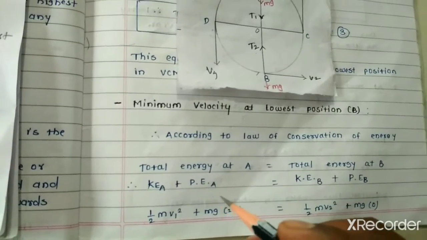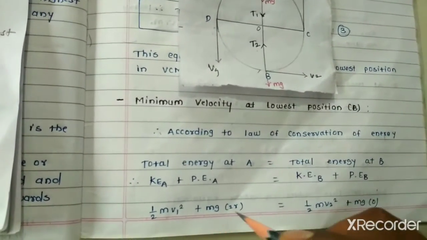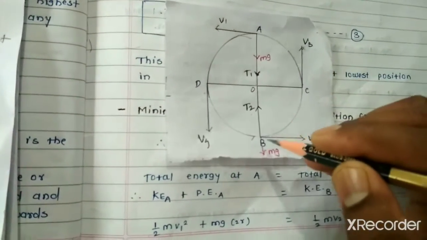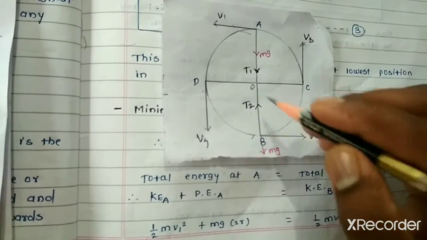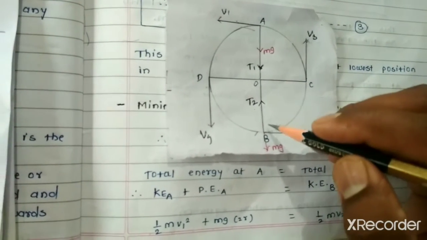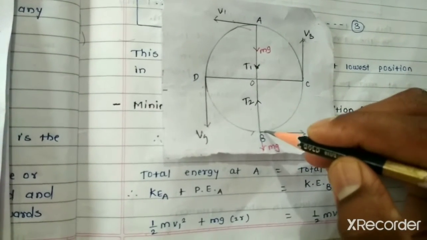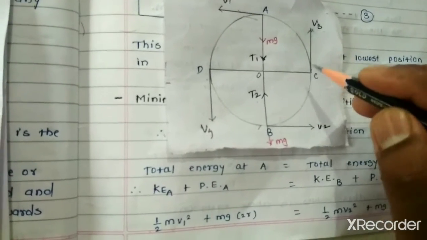We all know the formula of potential energy, that is mgh. So here mg as it is, but why here 2R? Because B is at the ground level, and OB, this OB is the radius, so we can say that the particle is moving along the circular path BCA.